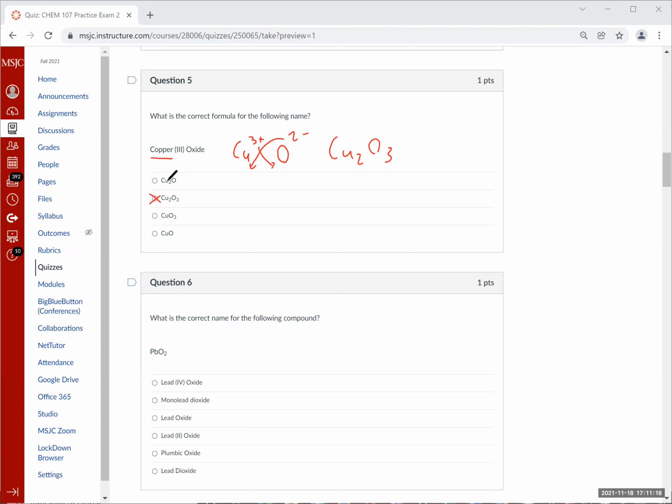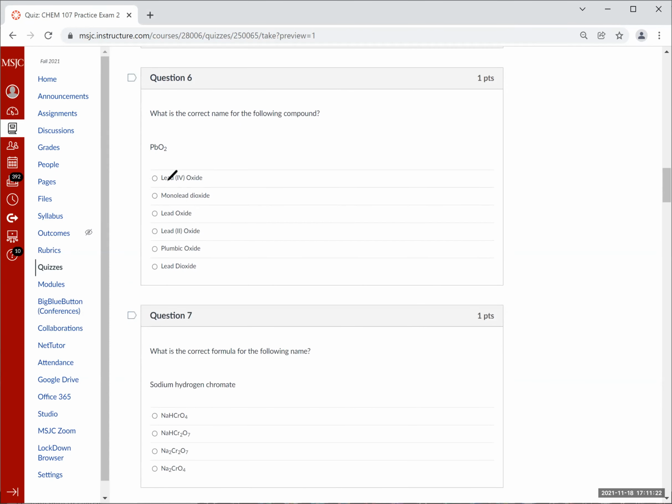Okay, so let's move on to the next problem in the series. So here we're asked to name a variable charge transition metal containing compound. Lead is a transition metal. So first things first, this one's a little bit trickier than usual in that we have to figure out the charge. Well, if we reverse cross the charges, we get lead 2+ and O-.